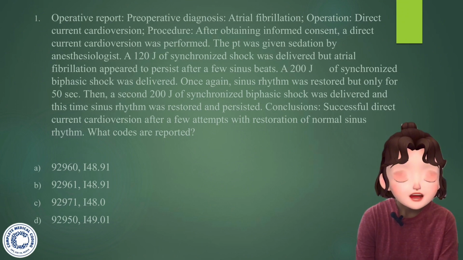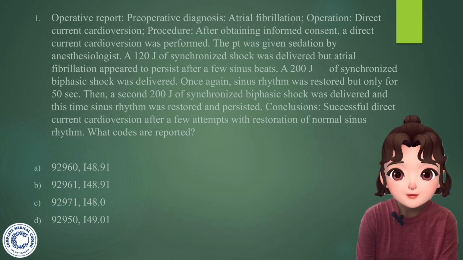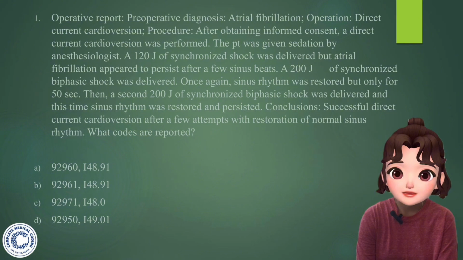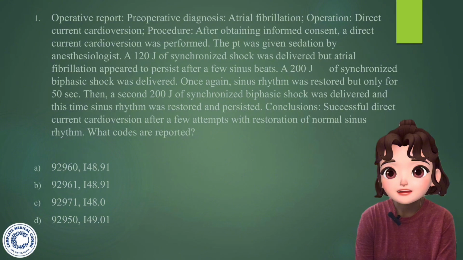92960. Cardioversion, elective, comes in the 90,000 series, the medicine chapter. Cardioversion, elective electrical conversion of arrhythmia, external. Yes, external cardioversion. In the question it is written, operation, direct current cardioversion.